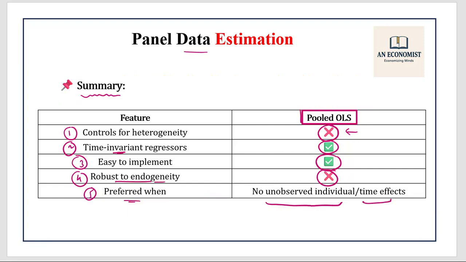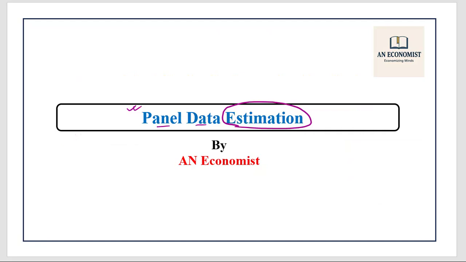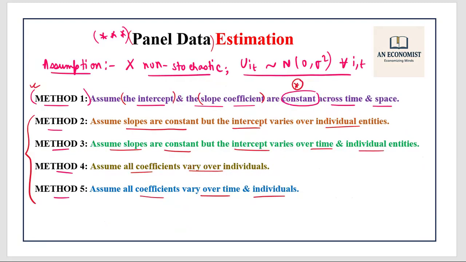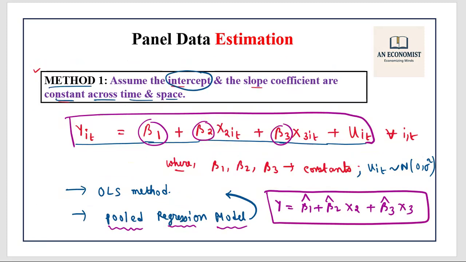Let me quickly summarize what we have done today, and then we will stop. Firstly, we have defined the context in which we are doing all the estimation. You should have a panel data with you before going into the estimation. I have told you that there are 5 different kinds of methods that you can apply to estimate your panel data. In this particular video, I have focused on method 1 and I have shown you how you can work with that. In method 1, this is the general structure of the model.